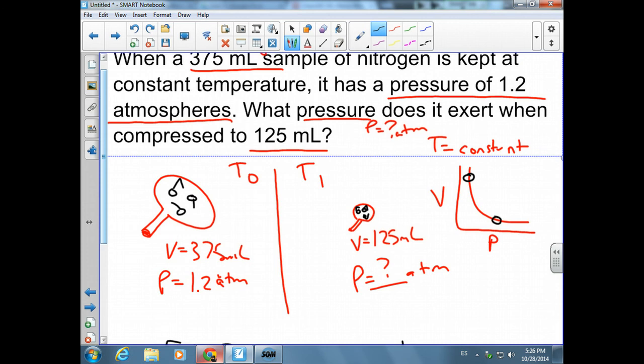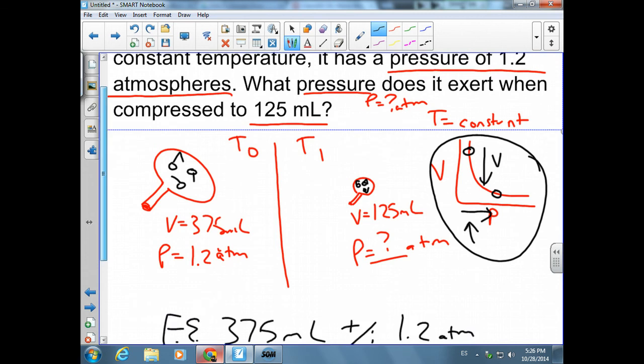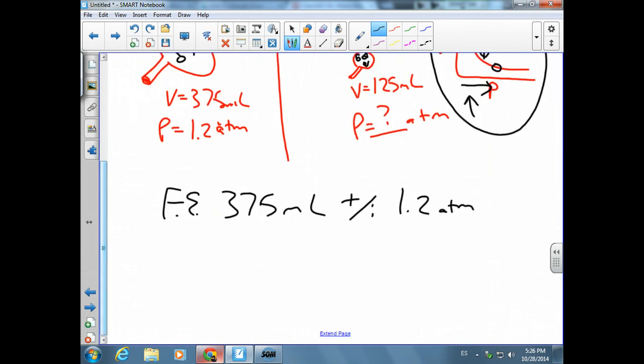So what happened to the pressure? The volume is going down, and the pressure is going up. So again, conceptually understanding it and mathematically understanding it, the graph helps to explain why this happens, and it helps us to predict what's going to happen the next time.